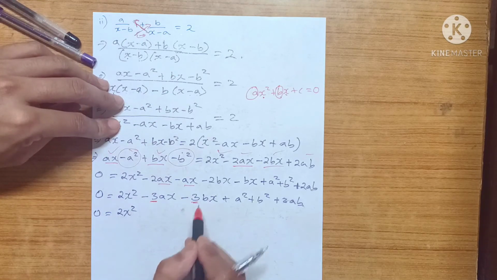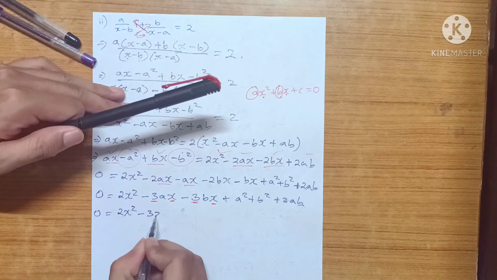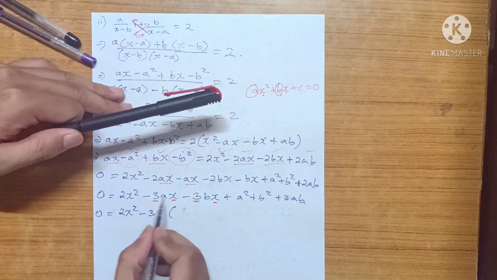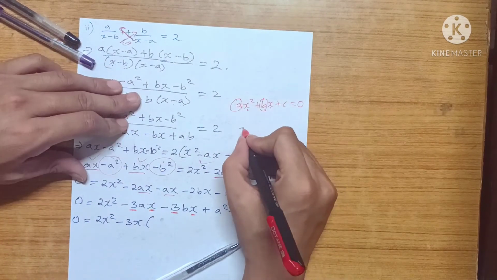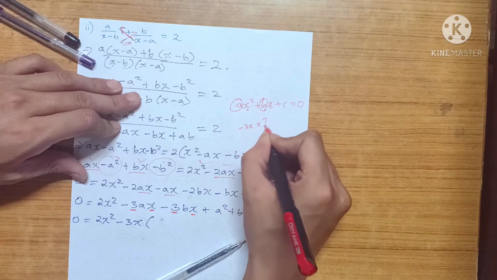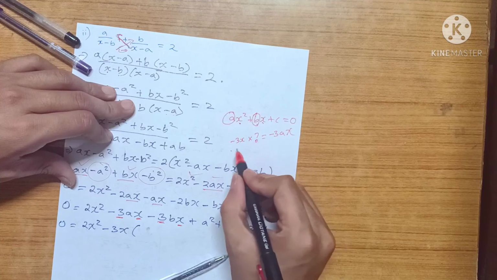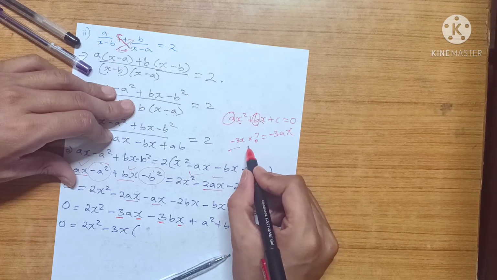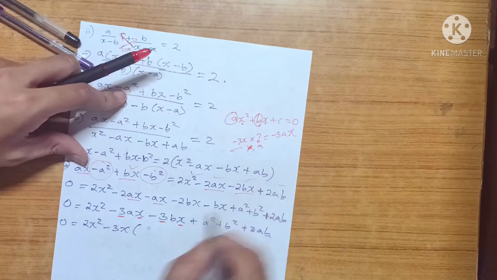So minus 3 is common, and x is common. So I'm going to take minus 3x out. So minus 3x into what is minus 3ax. If you didn't get that, minus 3x into what is minus 3ax. If you think, you just have to multiply with a in order to get this, because a is the only thing missing.